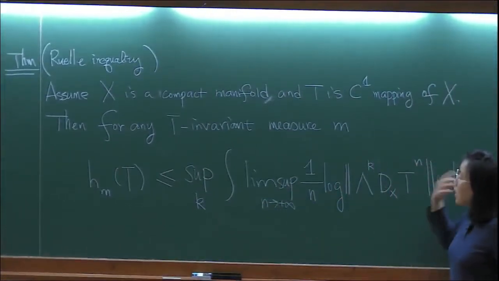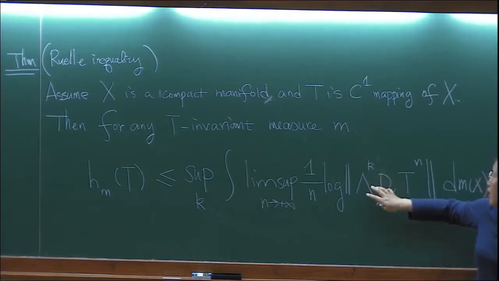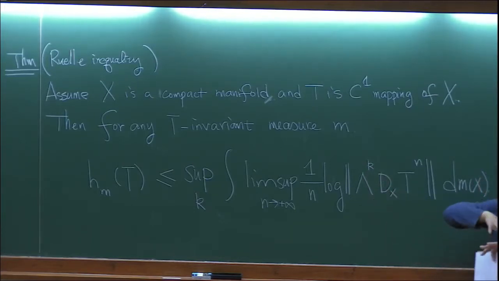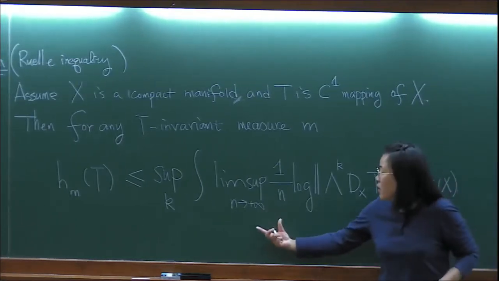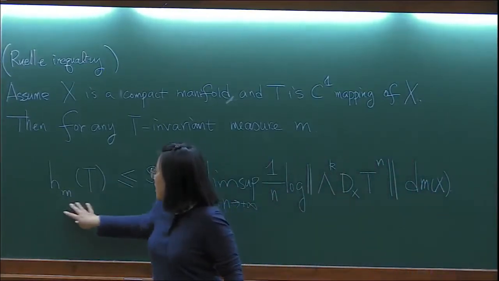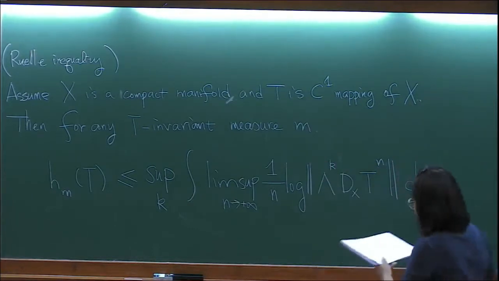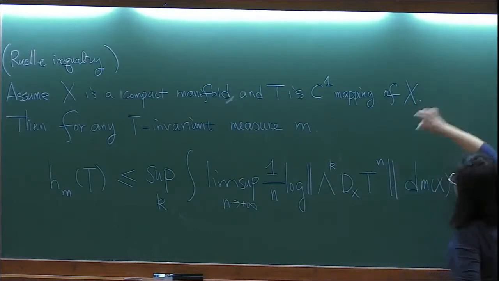This is the maximum possibility that the volume is expanding. When we consider this k wedge product, that means you consider the possible volume expanding if you restrict to k-dimensional subspaces, right? So this is already the maximum possible expanding. That's why this entropy is always less or equal to this one, okay? So this is Ruelle inequality.